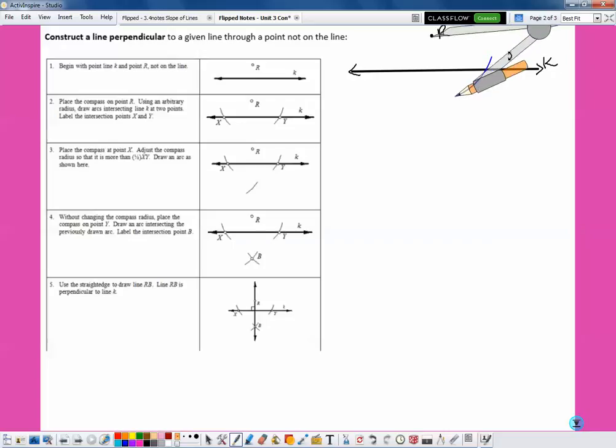Then we're going to move our compass to the other side and draw another arc. So there's my second arc.